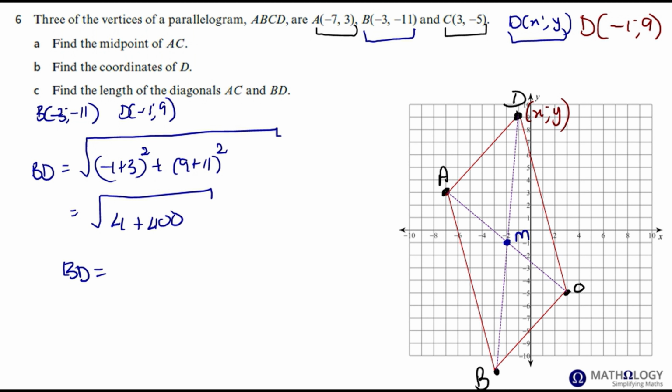So BD equals the square root of 404. In simplest form, BD equals 2 root 101.